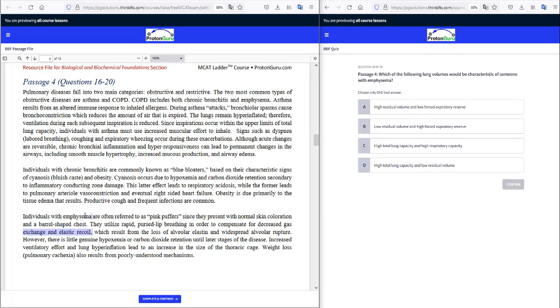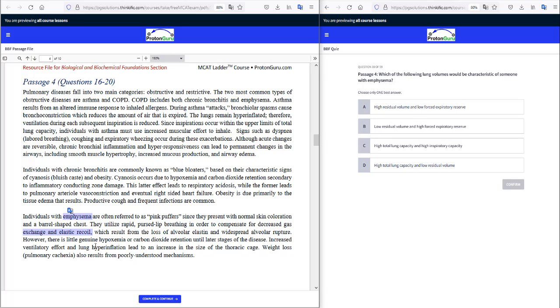So coming over here to highlight a couple of the points that we can use to answer the question. Since emphysema causes loss of elastic recoil, this makes expiration difficult and causes the lungs to remain hyperinflated. So the residual volume, meaning the volume of air that remains in the lungs even after you have a forceful expiration, would be higher than normal if you're not able to expel everything. And the forced expiratory reserve volume, or the expiratory reserve, would be low in these individuals.